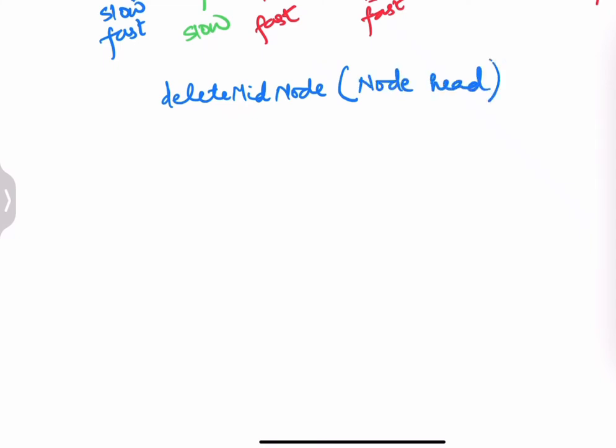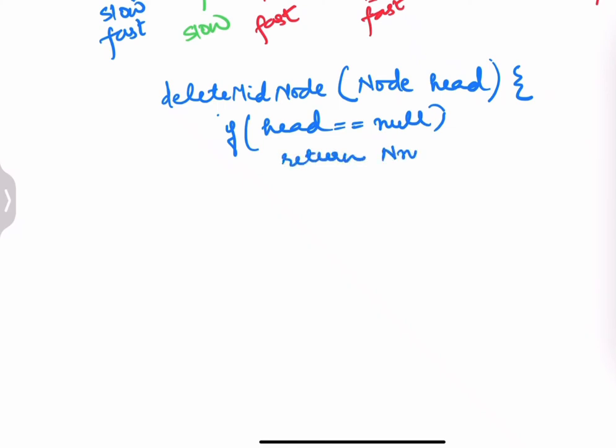The way we represent a linked list is through the head pointer. Okay, so we will have a few base conditions. If head is null, then we simply return null. And the return type for this function would itself be node, because we will be returning the head.